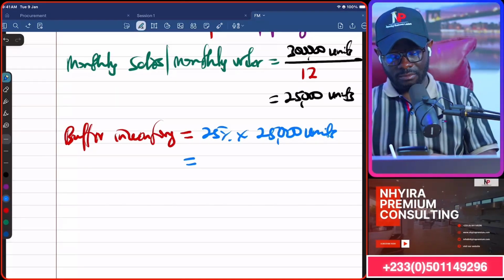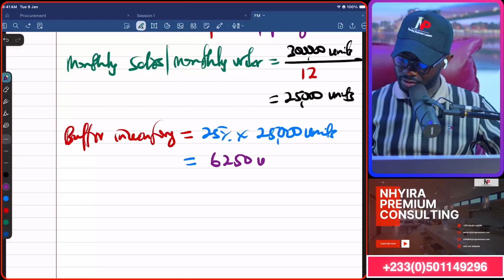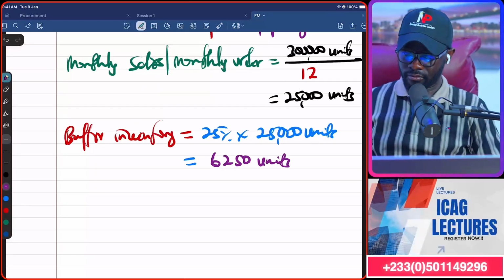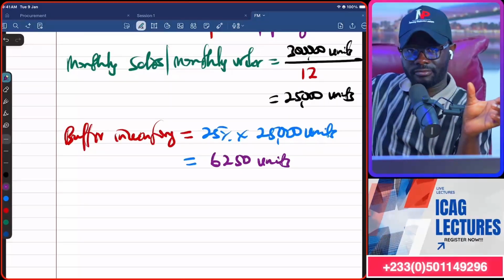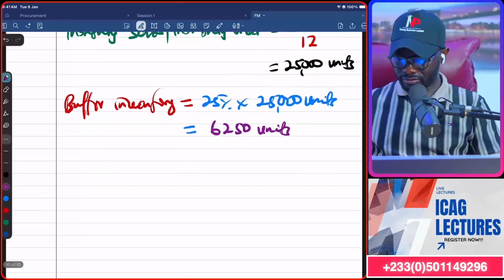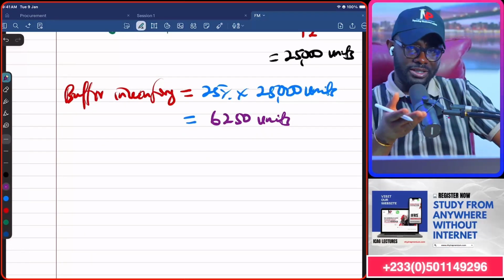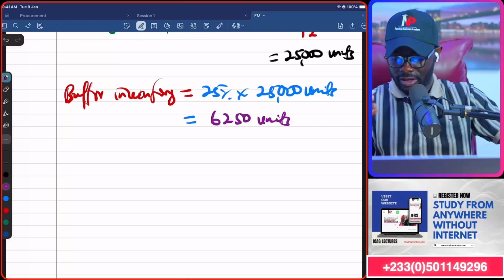So my answer times 0.25, and that is 6250 units. So that is our buffer. Now you need your holding cost. Holding cost is going to be your average inventory plus the buffer times the cost for holding.